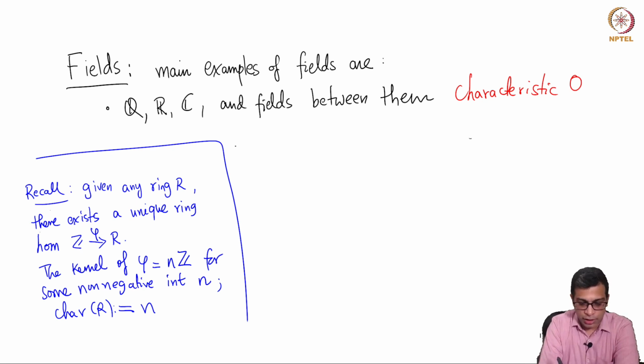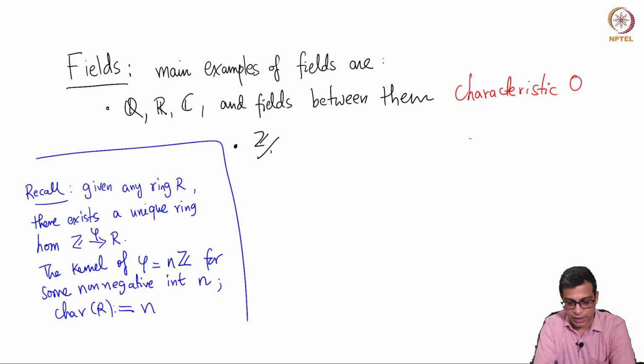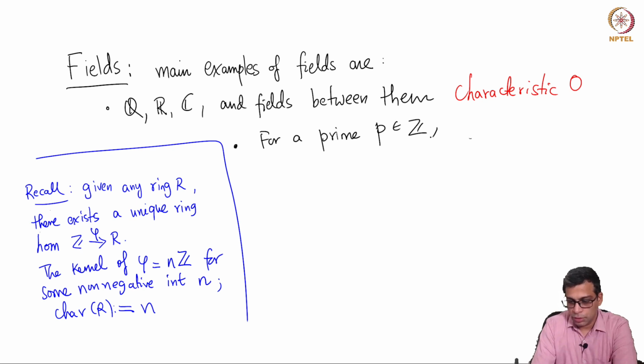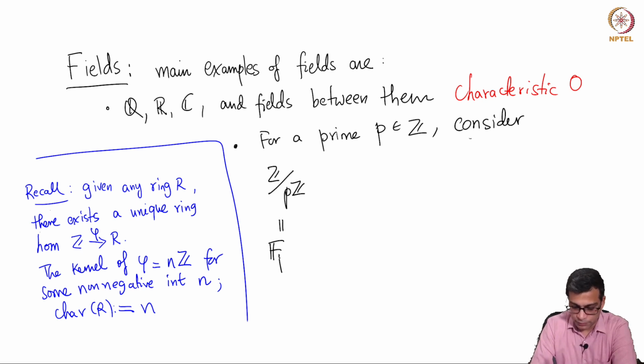Now the other important class of fields is Z mod pZ. Let's say p is a prime. Consider Z mod pZ, which we denote by F_p, and its extensions.